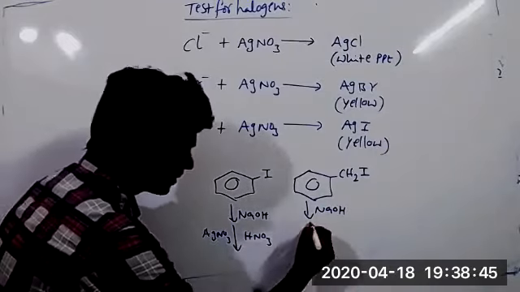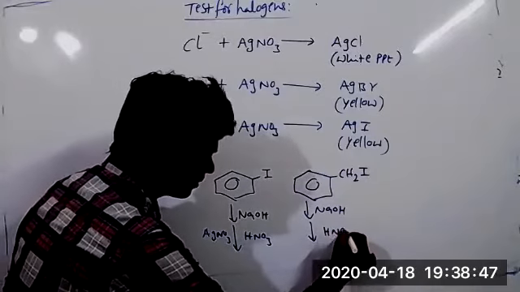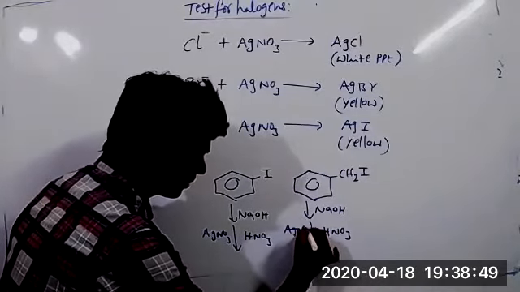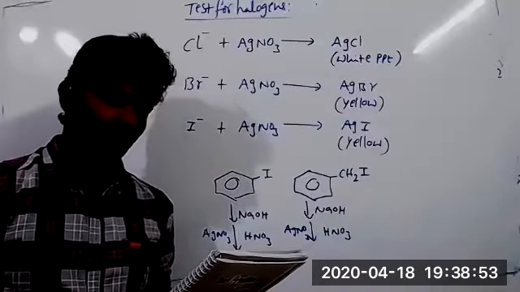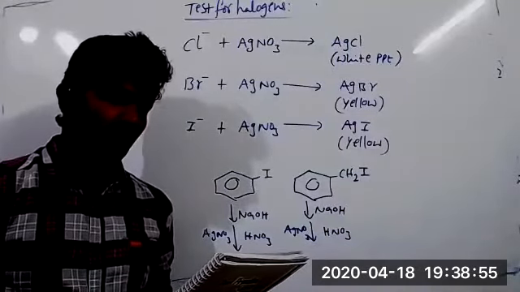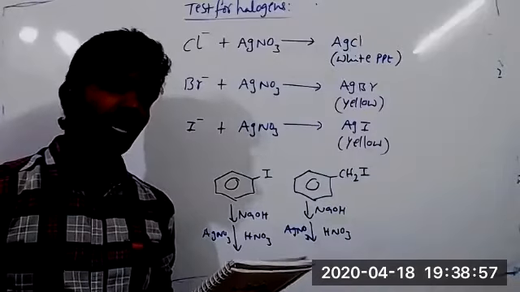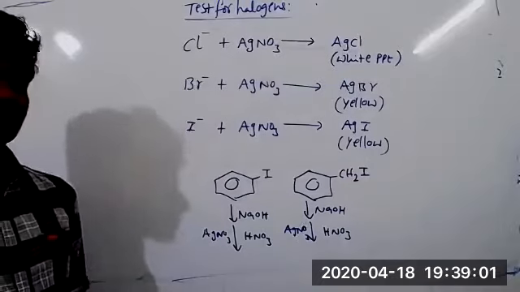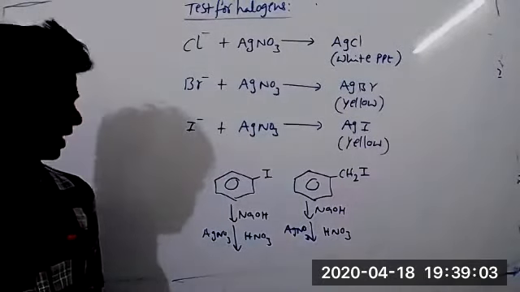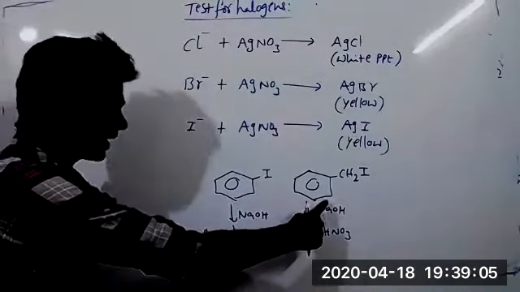This is also the same. The solution for substrate B gave a yellow precipitate. Which one gives the yellow precipitate? Sir, the second one. Second one, correct?